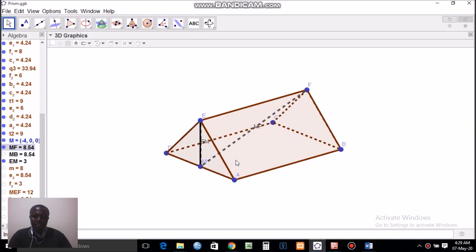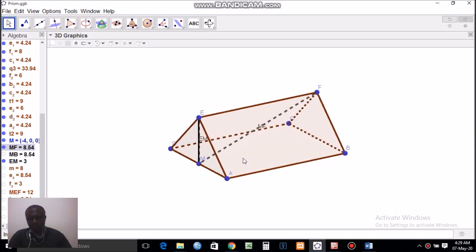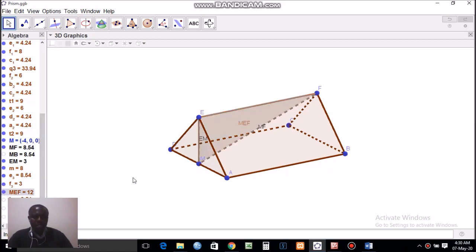All right, look at the prism carefully and try to identify the plane figure in which MF and EF lie. Definitely it is triangle MFE. So MF and EF, they both lie on triangle MFE. So we will extract this triangle and draw it separately and then use it to calculate the angle between the two lines.